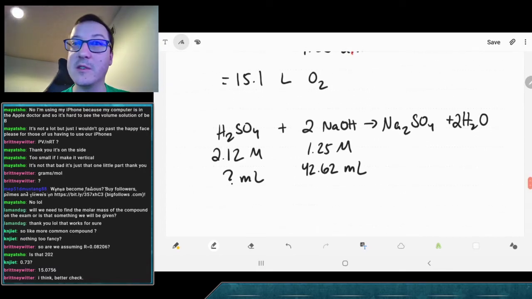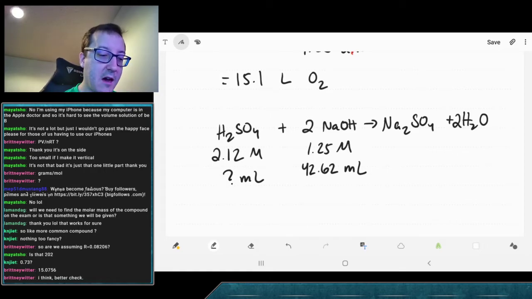So we're doing some solution stuff right now. Looking at this, we have a volume and a concentration of sodium hydroxide, and we have a concentration of sulfuric acid, and we're being asked what is the volume of sulfuric acid that we're going to need to react with this sodium hydroxide.